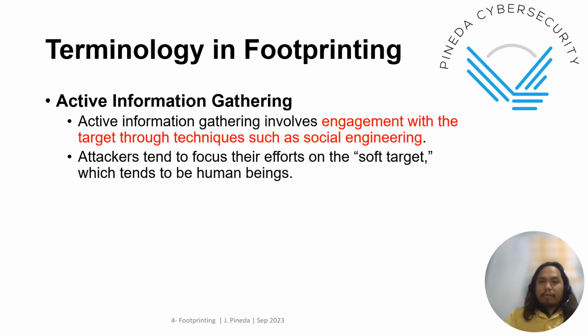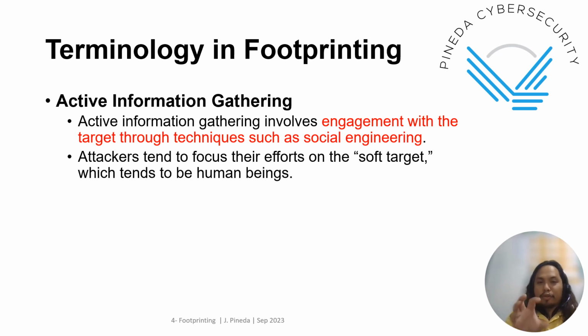Next is active information gathering. So this involves an engagement, no, with the target. So we call this social engineering attacks, right? So we try to communicate and try to lure them to give certain information that they're not supposed to, and see how they would respond.